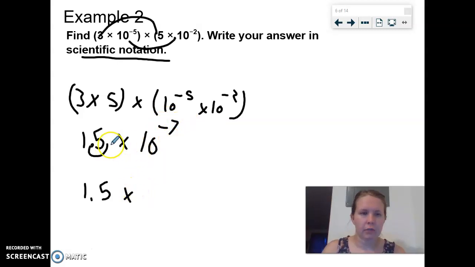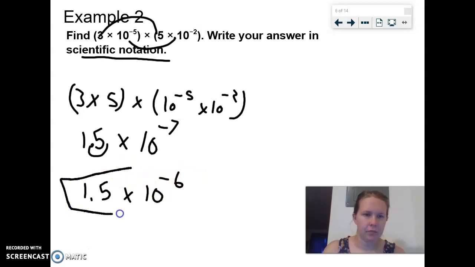Because it would be negative if I continued over to negative 7. That's how many I would have to move over. When I really want my decimal here, I'm going to just add in an extra 1. So really, it's only going to be a negative 6 power. So here is my final solution. 1.5 times 10 to the negative 6.